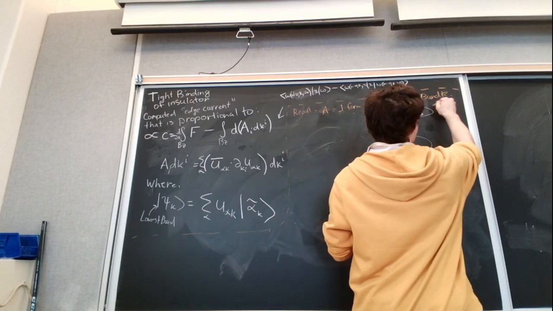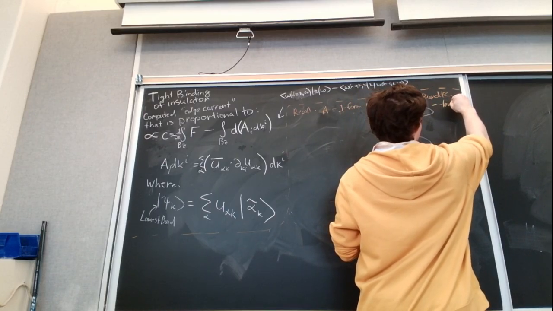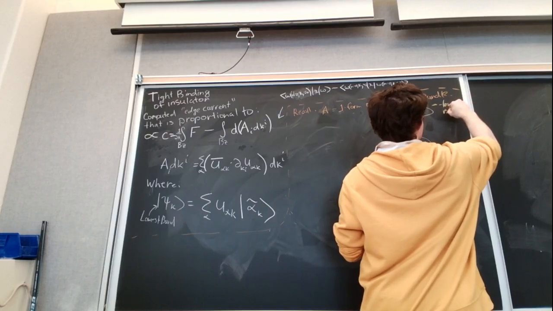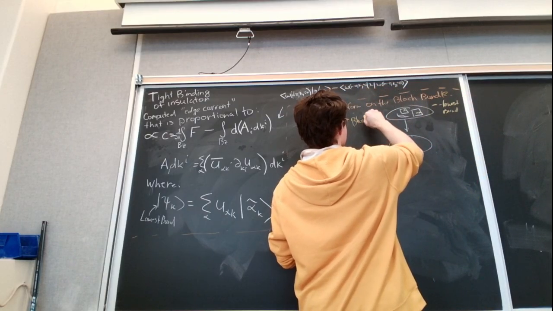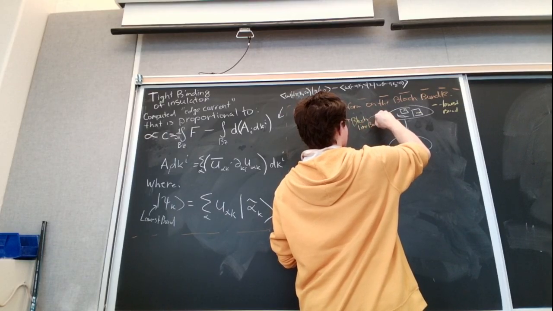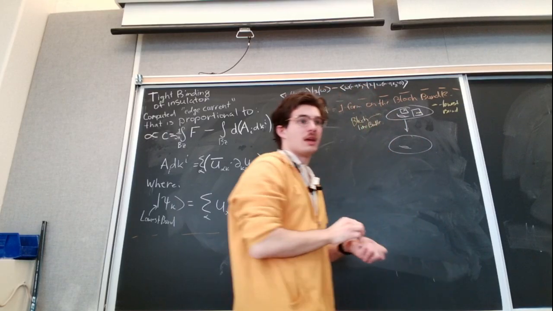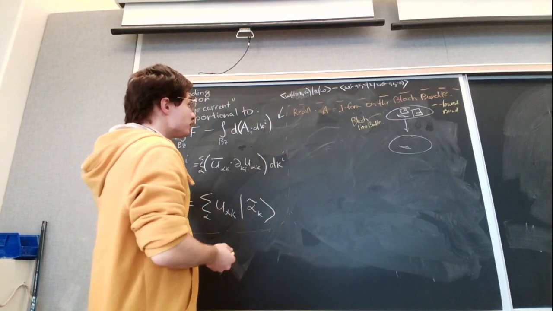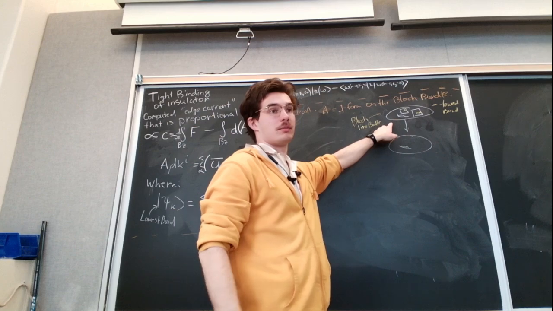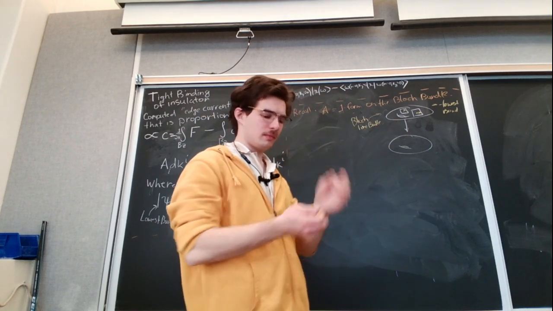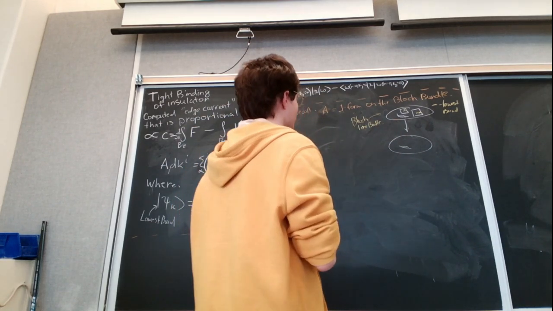Okay, so this is the lowest band. And so we got a Bloch line bundle. Okay. And so this connection was defined on this Bloch line bundle.